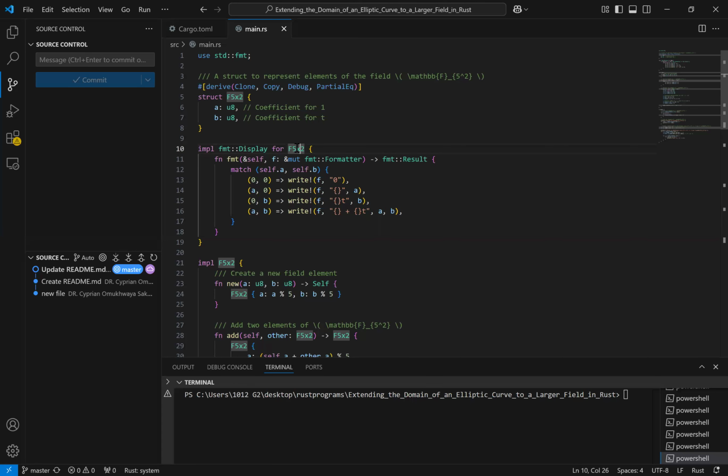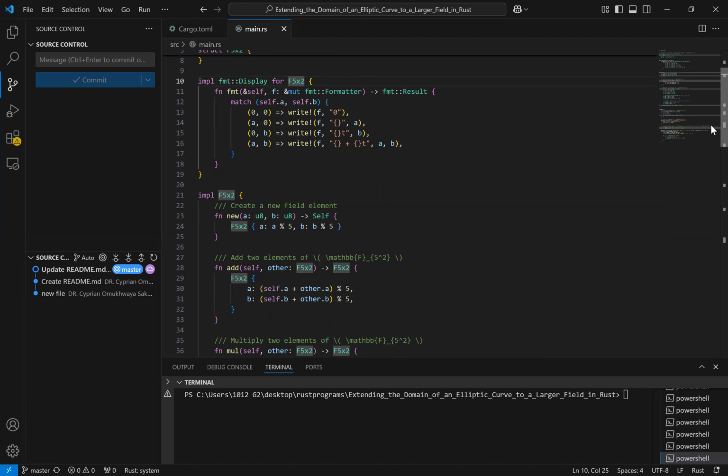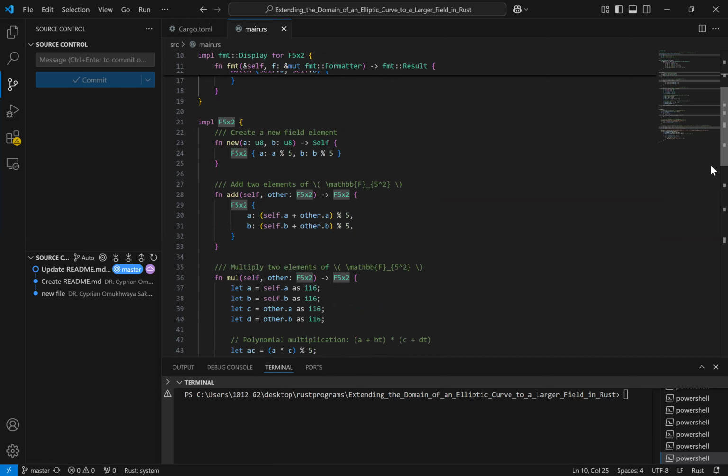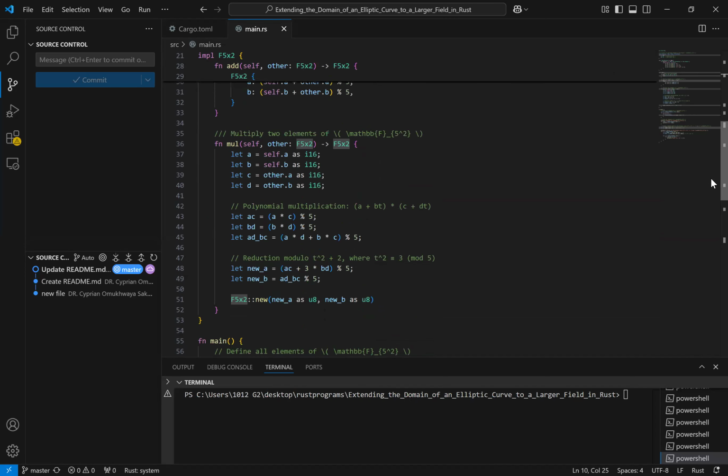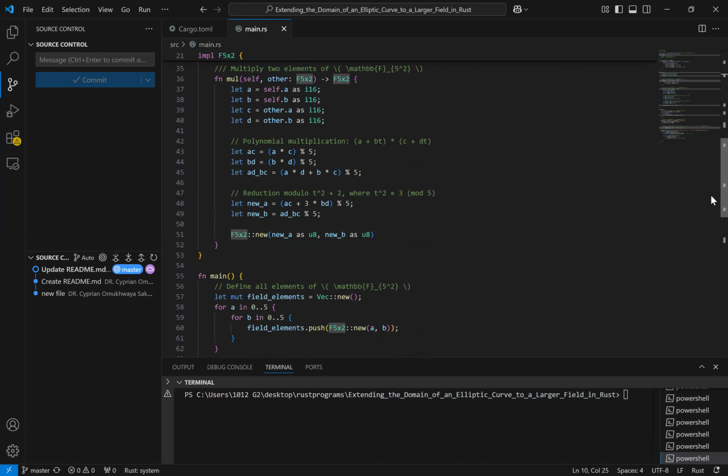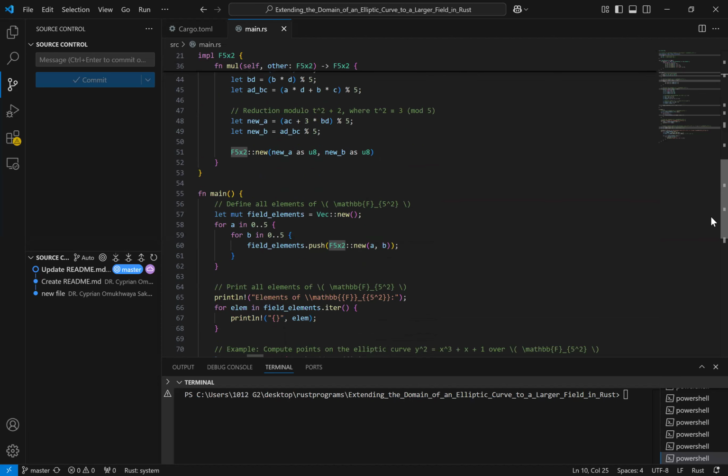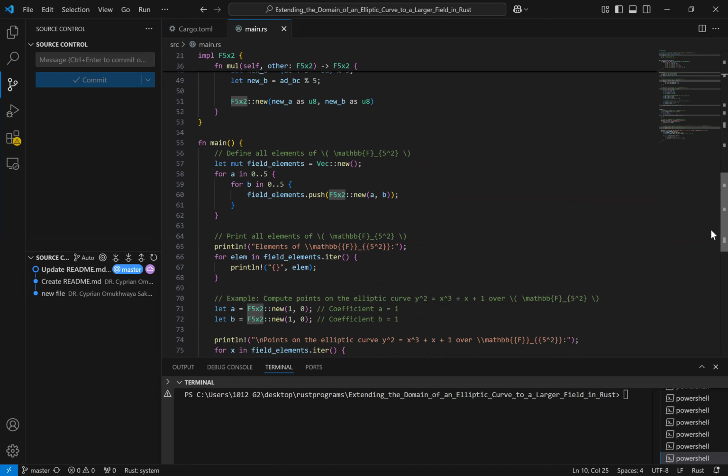My mod is 5, but I want 5 raised to 2. So I begin by defining those as I move along. I'll show you how it works. I'm just showing you what I wrote.